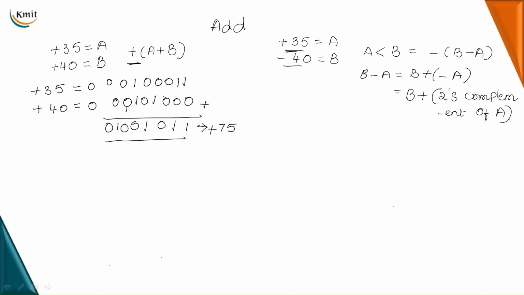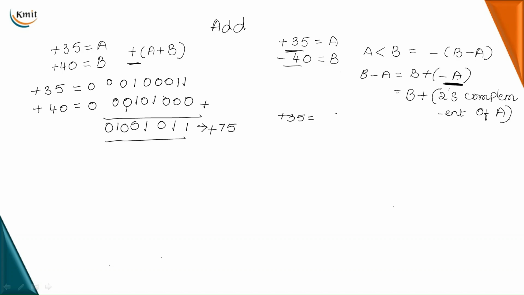B minus A can be represented as B plus minus A. Minus A can be represented as the 2's complement of A. If you perform the 2's complement of the binary value of A, it is minus A. So first I will perform the 2's complement of A. First we will take plus 35.